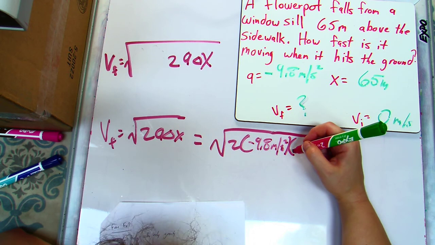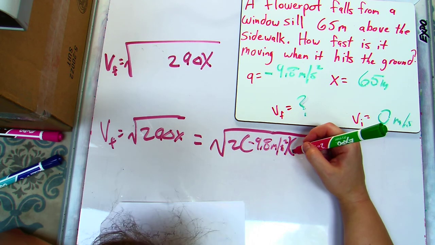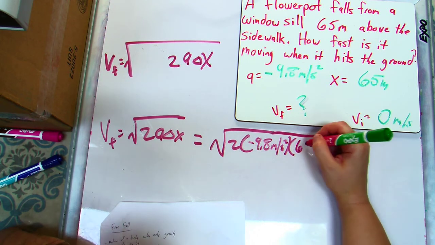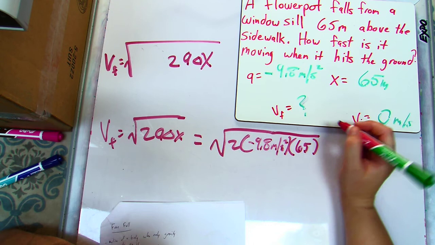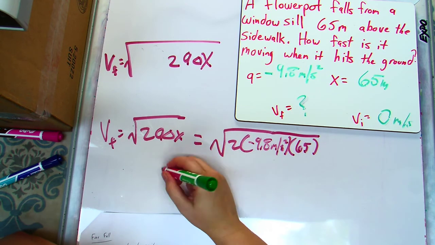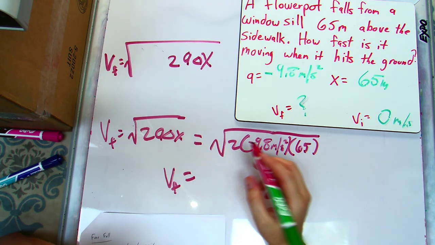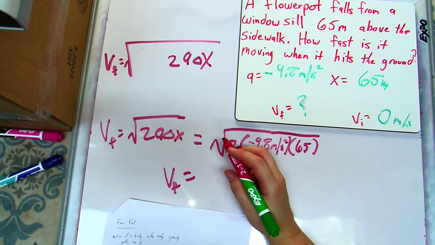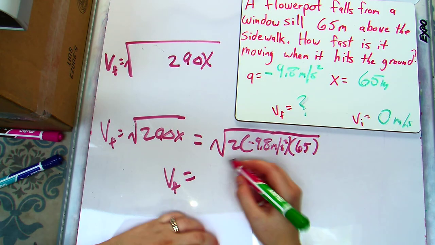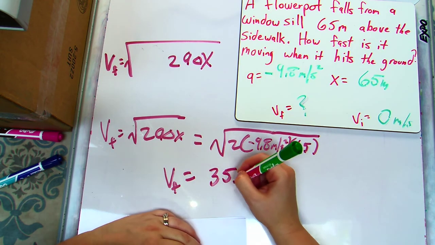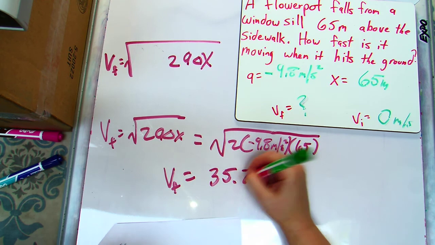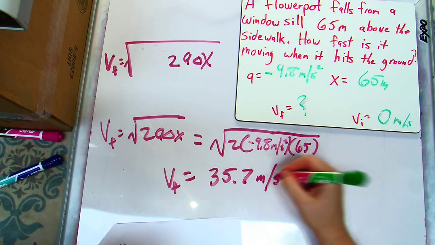Times, what was it? Oh yeah, 65. That was our distance. And when we do that, the value would be 35.7 meters per second downward.